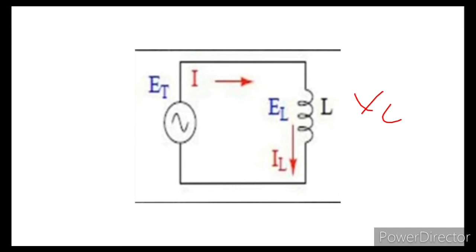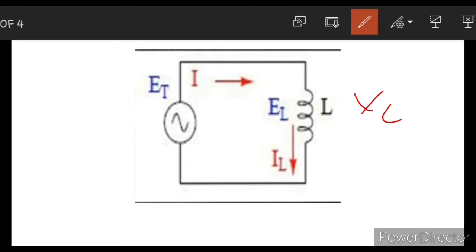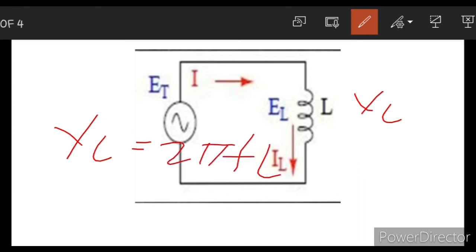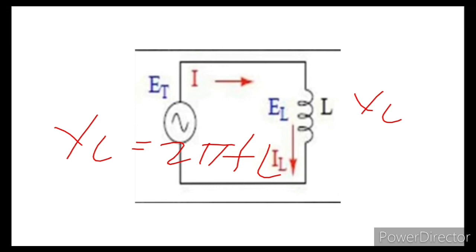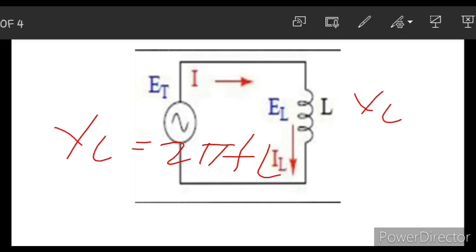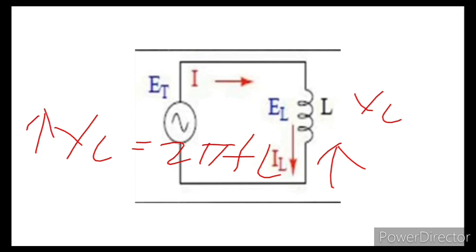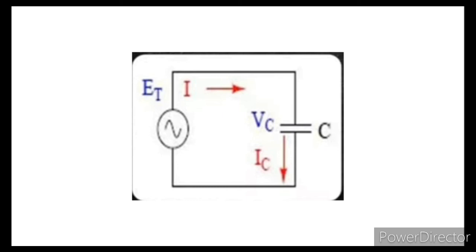It is given as XL is equal to 2 pi FL, where 2 pi is our constant. Since it is directly proportional to the frequency, if the frequency increases, the inductive reactance will also increase. For a capacitor, when an AC current passes through a capacitor, it opposes the change in voltage by dropping or supplying the current.